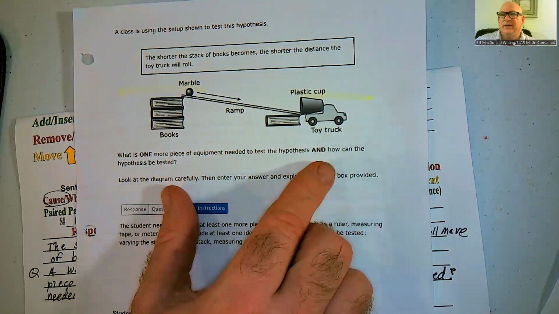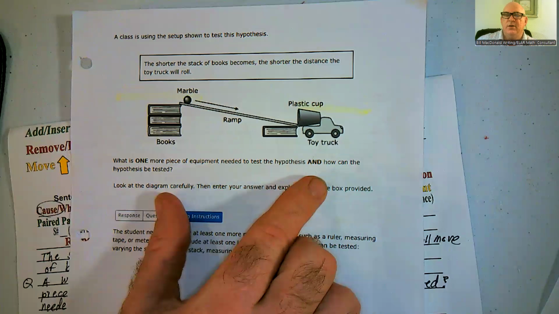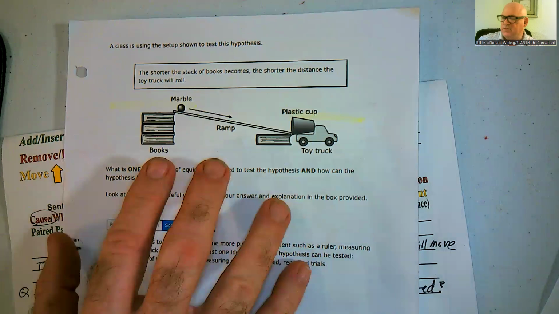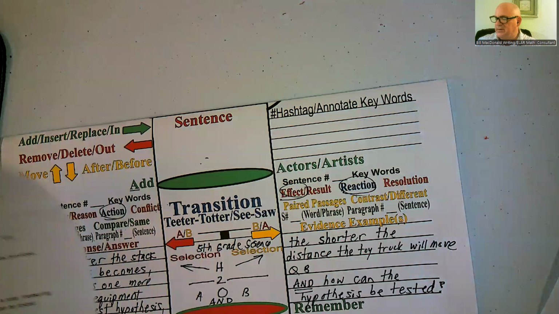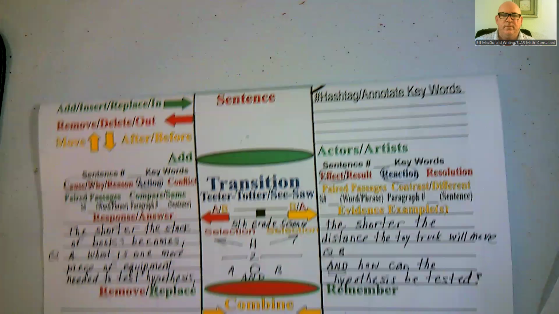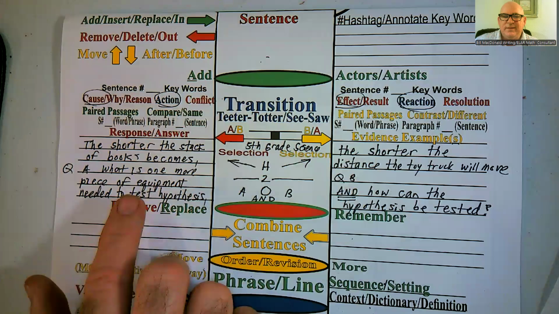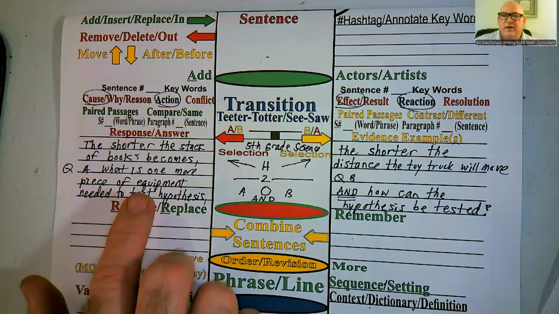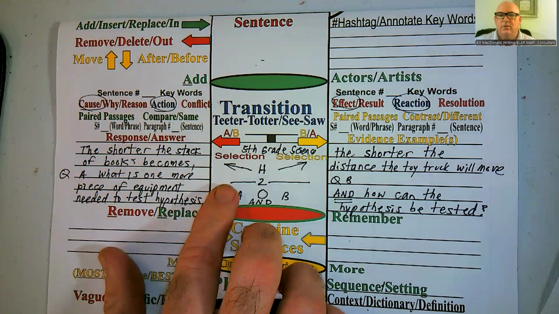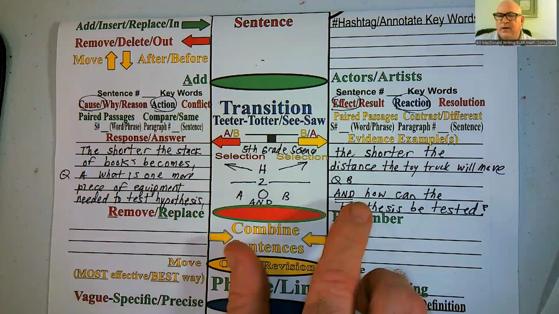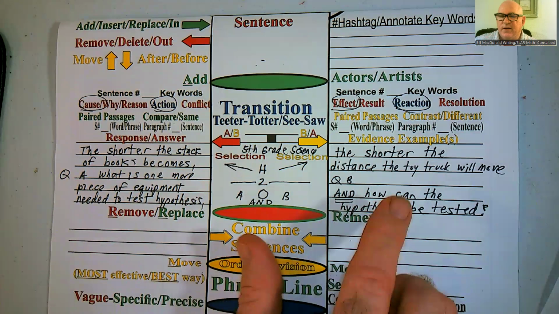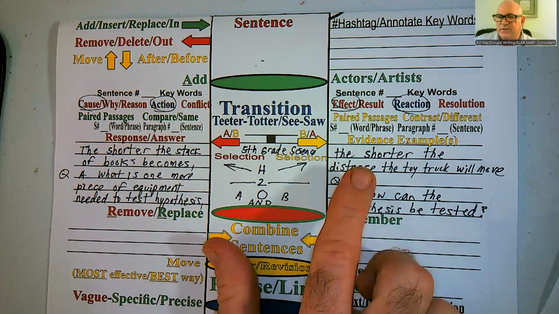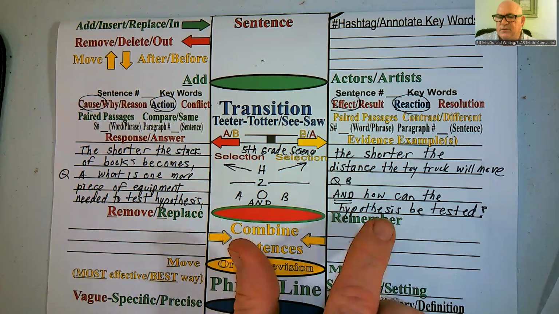So what and how? Okay. Because the hypothesis is based on what, a piece of equipment that needs to be added that's not already there, and how that specific hypothesis of distance can be tested.